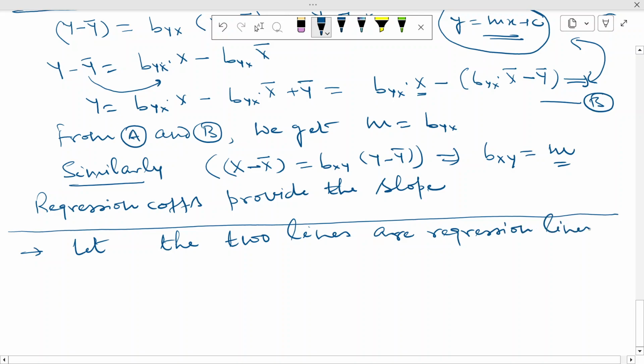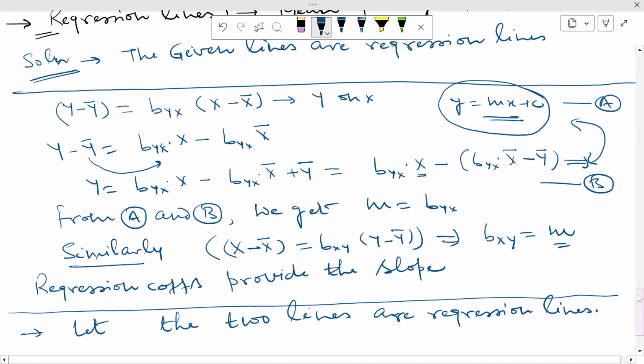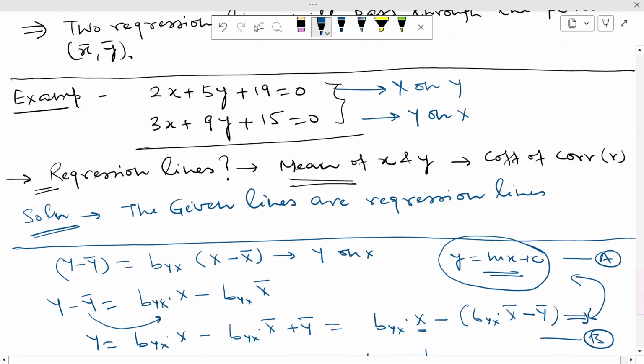If these two are regression lines, then one of the lines is x on y and another one is y on x. We already assumed that our first line is x on y and our second line is y on x.